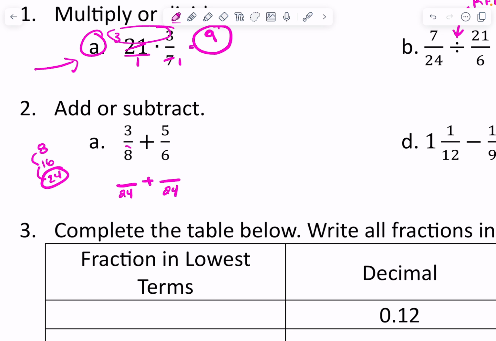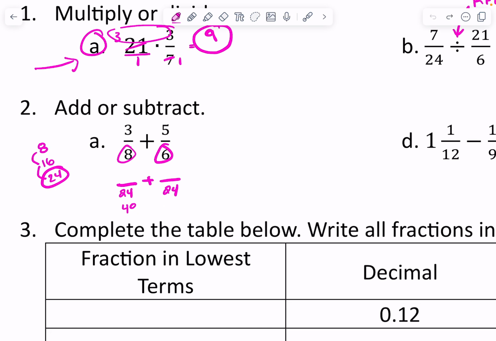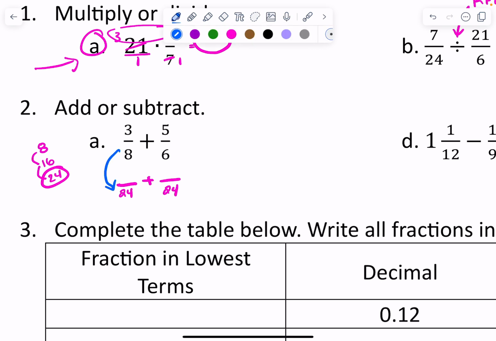Now, if I take 8 times 6, that's 48. So I could have used 48 as my common denominator, but that's not the lowest number that both of them go into. So I'll end up having to reduce at the end. So 24 is my common denominator. All right, what do you take times 8 to get 24? I take it times 3. So this 3 will have to be multiplied by 3. The 5, I multiply by what it needs.